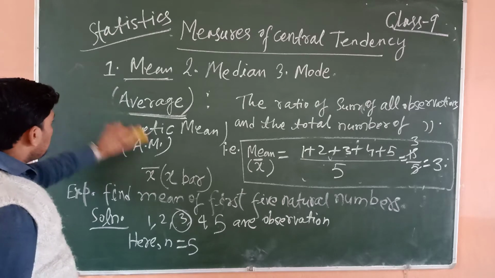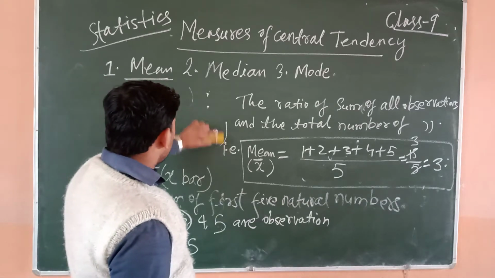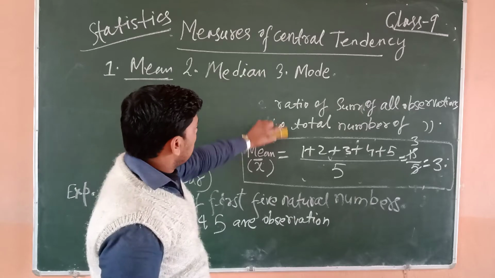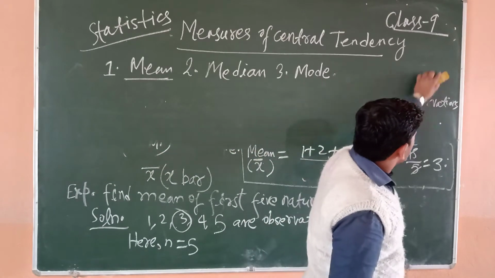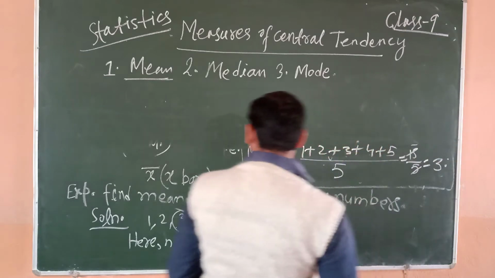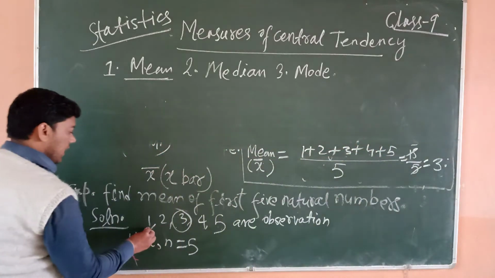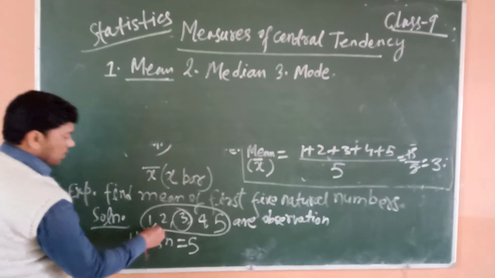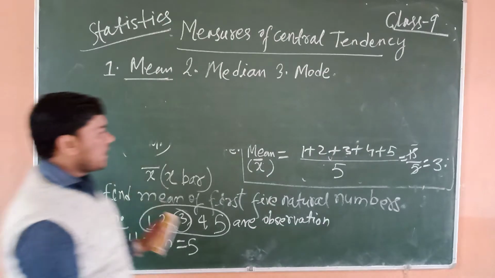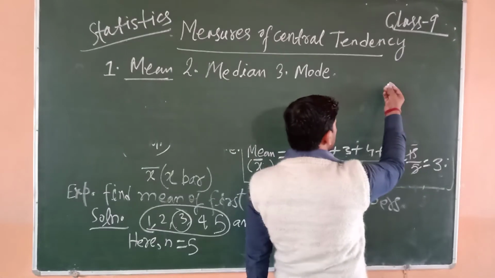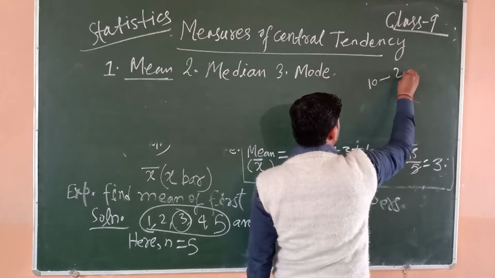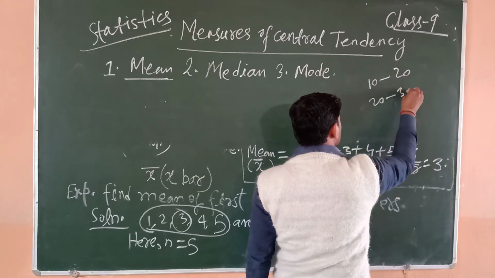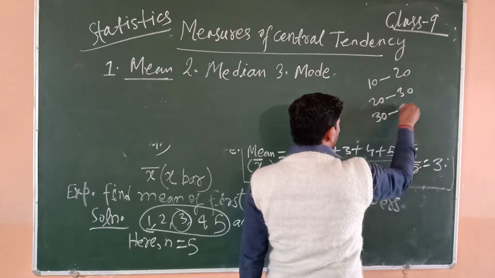In class 9, we only have to study ungrouped data. Grouped data means observations given in class intervals such as 10 to 20, 20 to 30, 30 to 40.